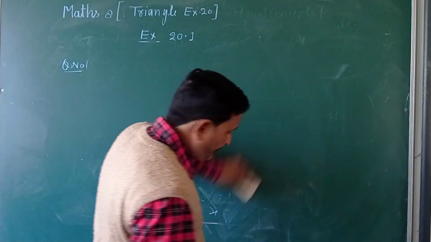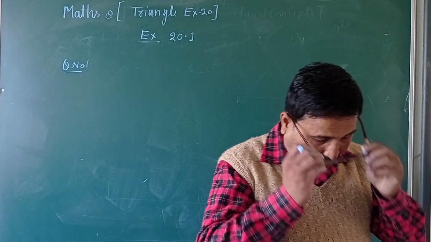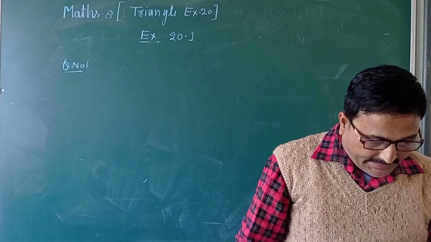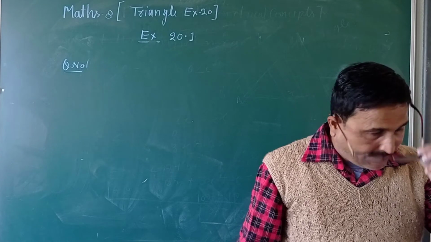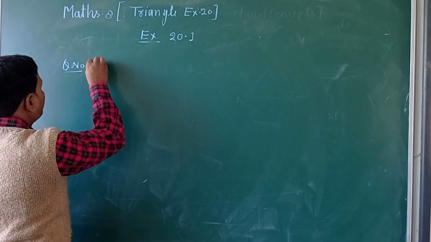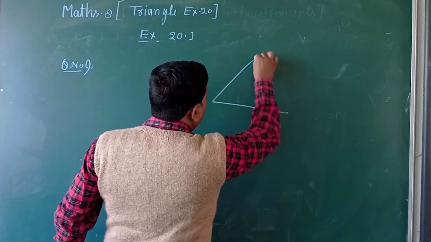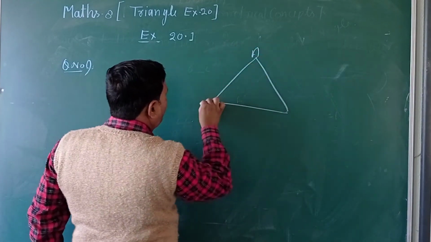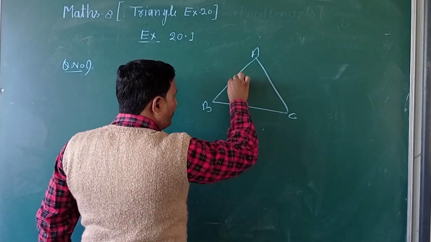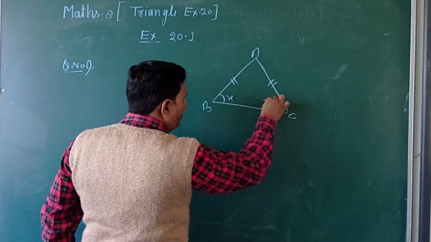See. Given in an isosceles triangle, the vertical angle is 30 more than the base angle. Question number 9. Let the base angle be x. Since it is an isosceles triangle, two sides are equal, and the base angle is x, then this angle will also be x.